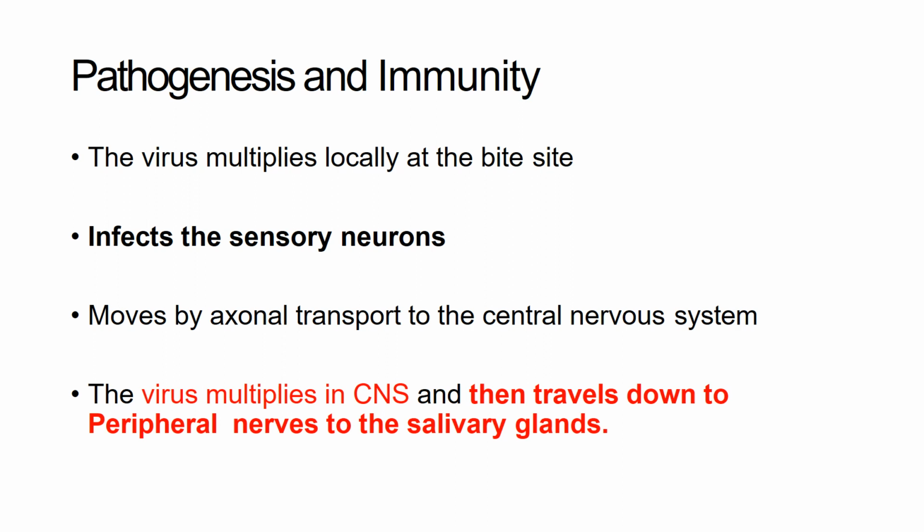When it causes encephalitis in the brain, it then travels down the peripheral nervous system to the salivary gland, the eyes, or any part of the body via these peripheral nerves. And then the human is showing the signs and symptoms of encephalitis.